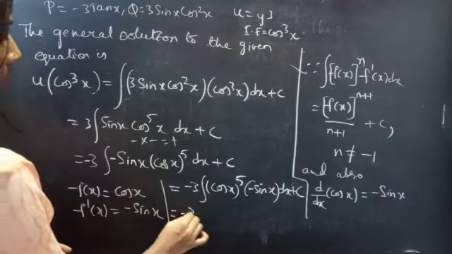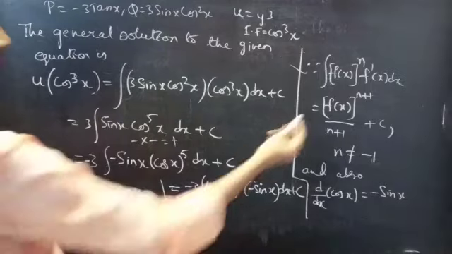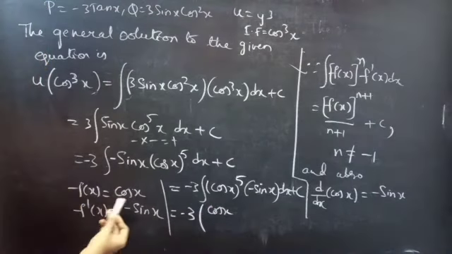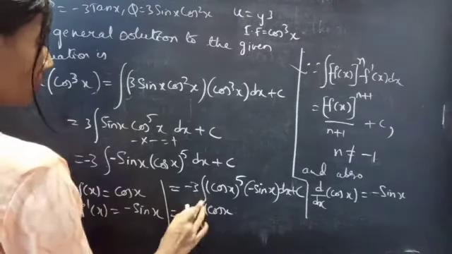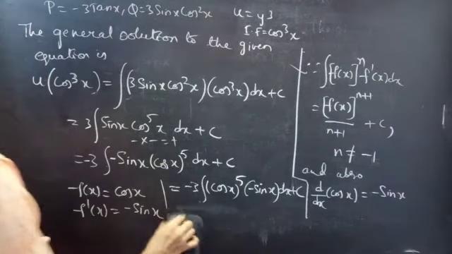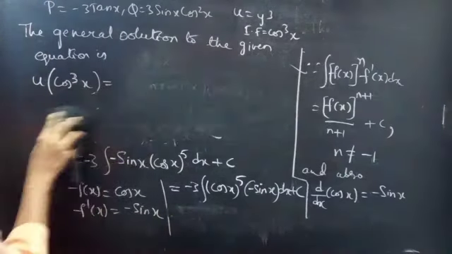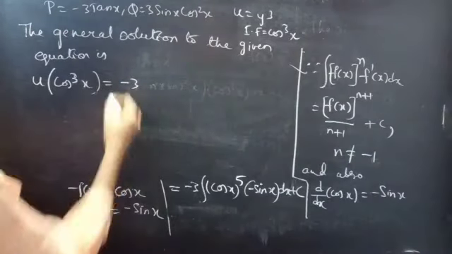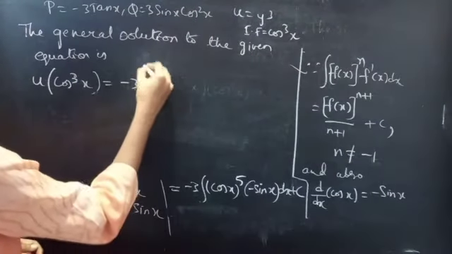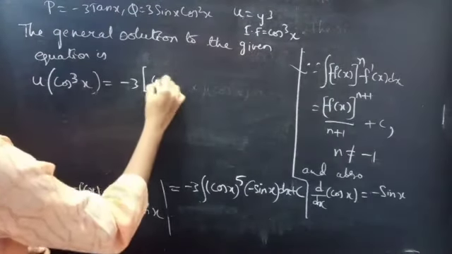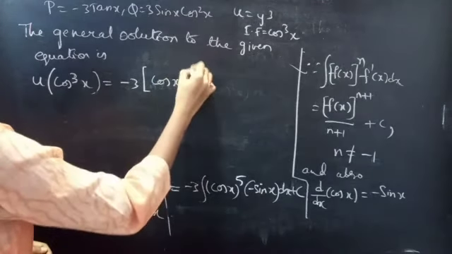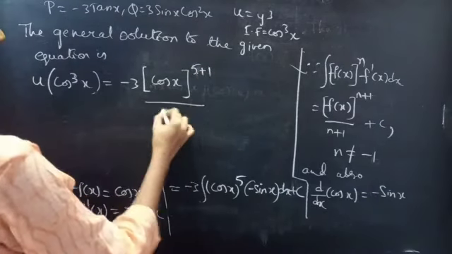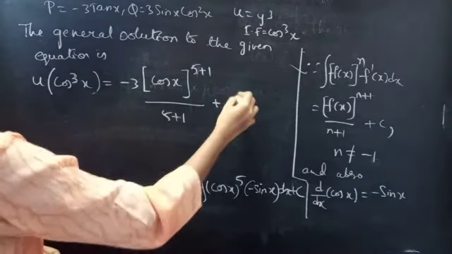This equals minus 3 into f of x power n plus 1, that is cos x power n plus 1, for n equals 5, so 5 plus 1 by 5 plus 1, plus c.